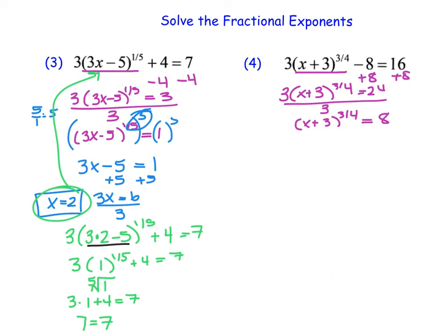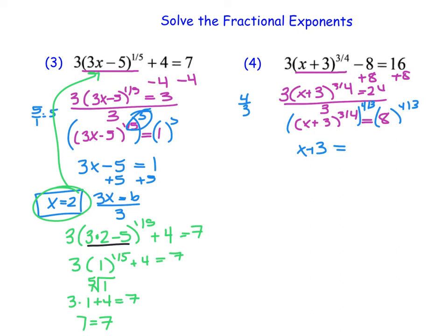Now, in order to undo that fractional exponent, I'm going to take the reciprocal. So the reciprocal is going to be 4 over 3. So I'm going to take that power of each side. Now, on the left-hand side, I'm left with just x plus 3. On the right-hand side, I'm going to have to do a little bit of work here.